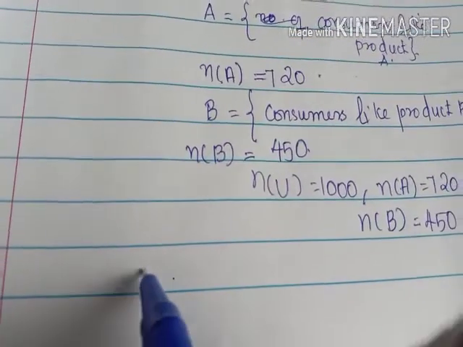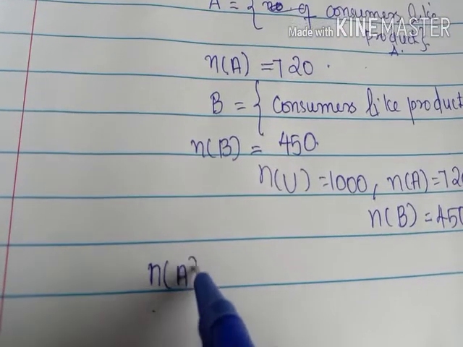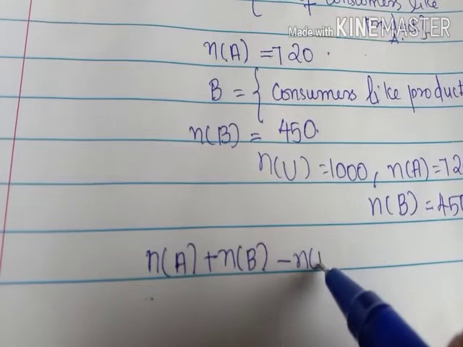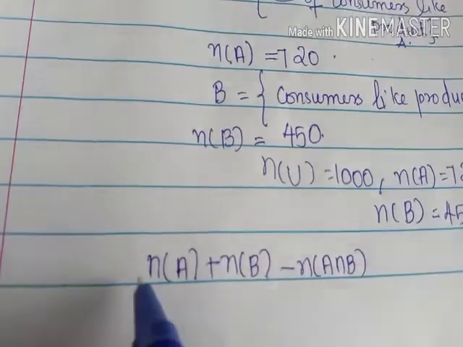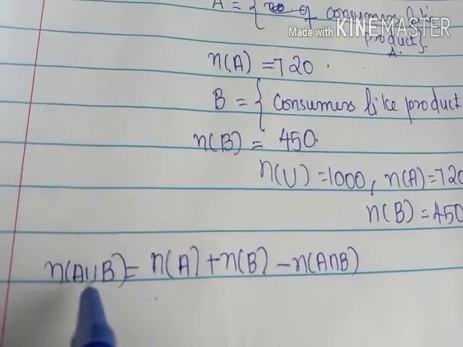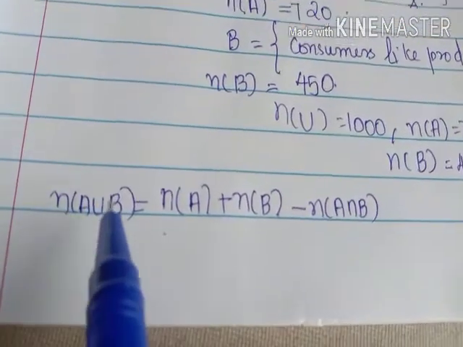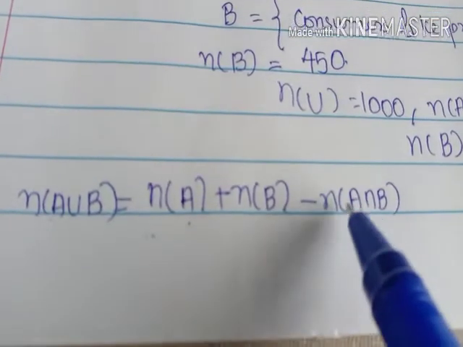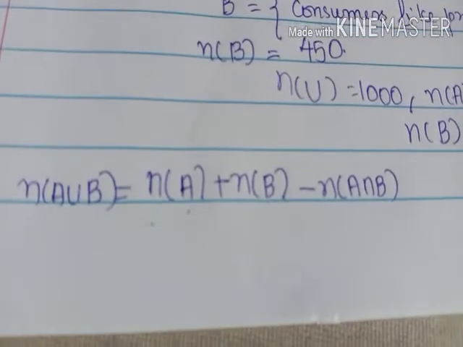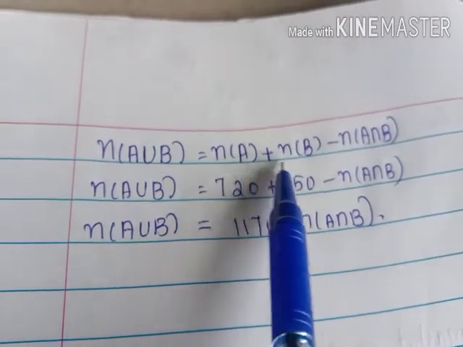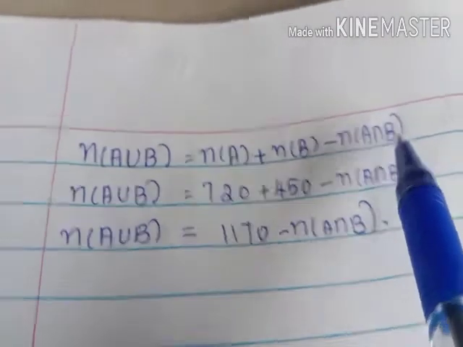Now, what is the cardinality theorem? For any two finite sets, n of A union B equal to n of A plus n of B minus n of A intersection B.